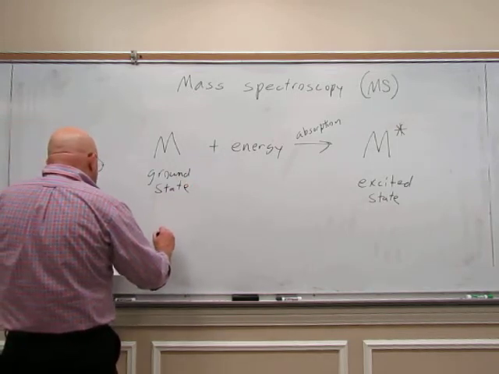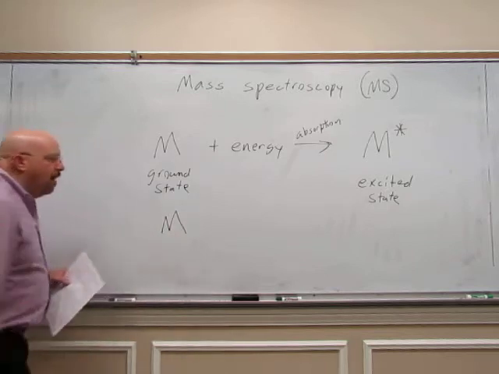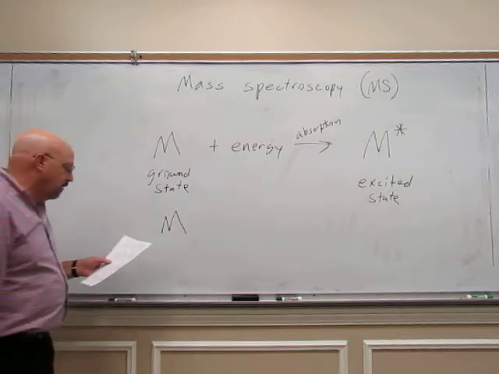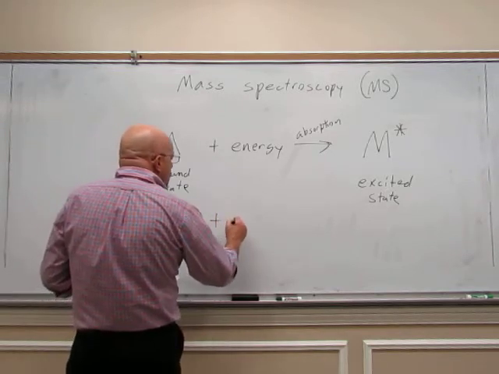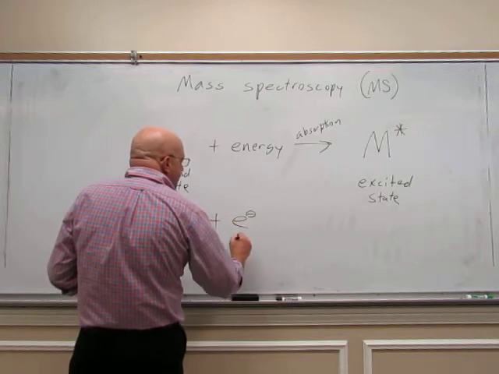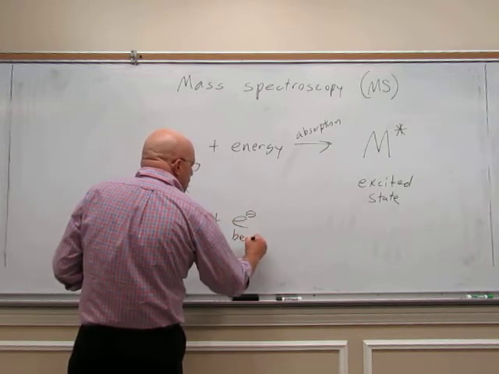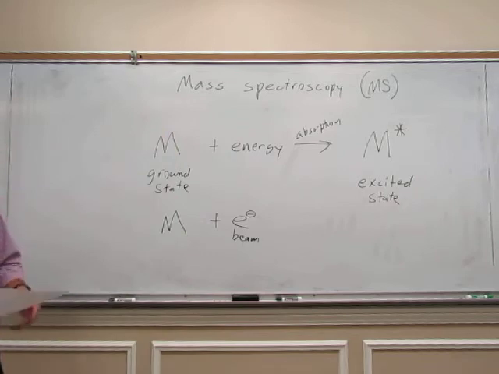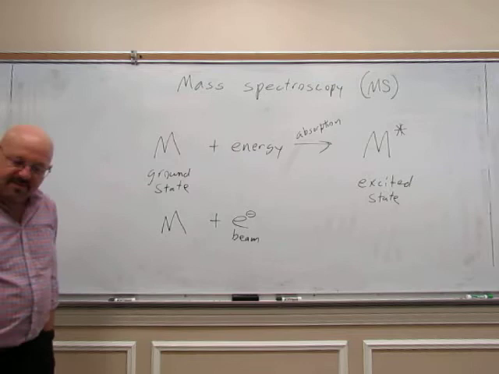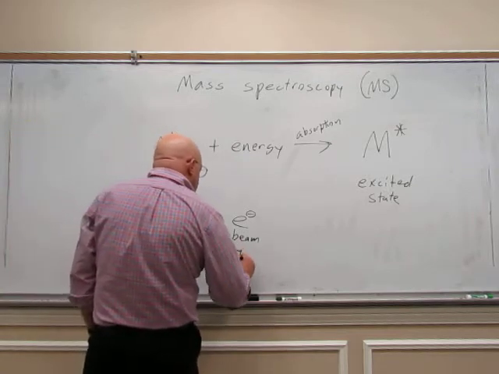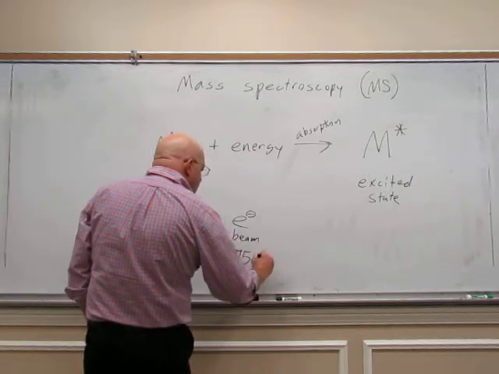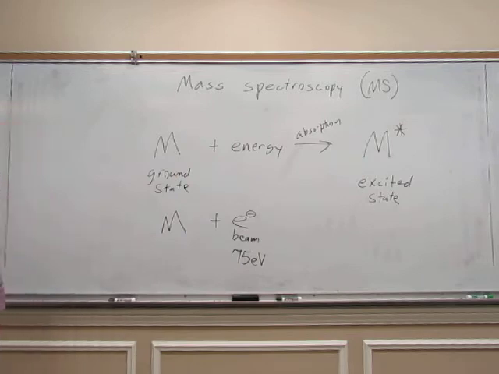For mass spec, we're going to take some molecule, I'll just use M for some molecule, and its energy source is an electron beam. Not important, but I'll give you a number: the electron beam operates at 75 electron volts, which is the strength of that beam.